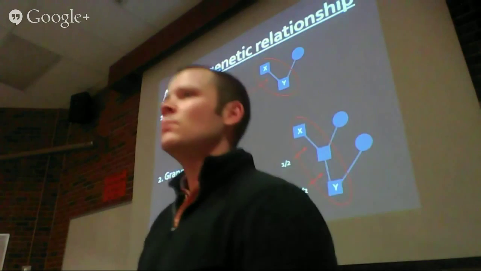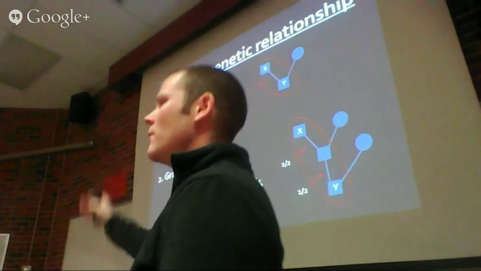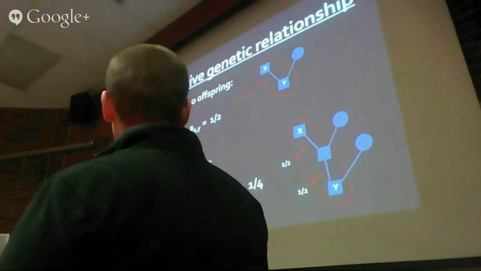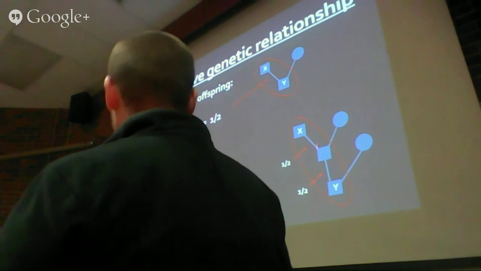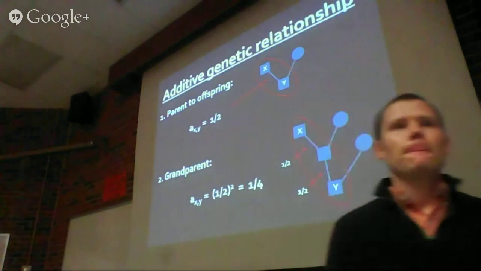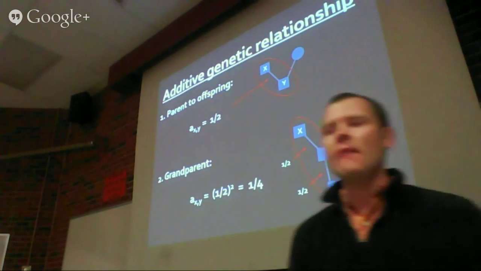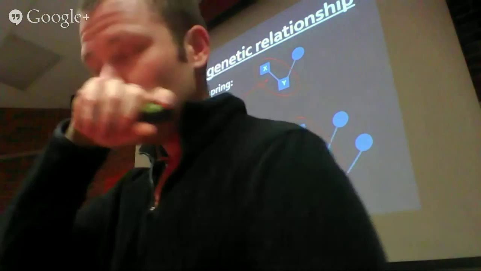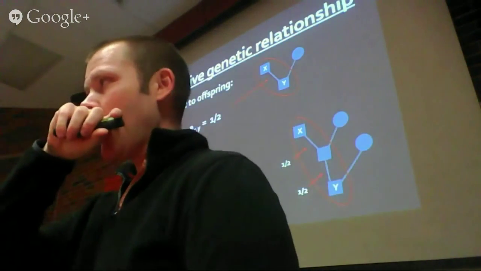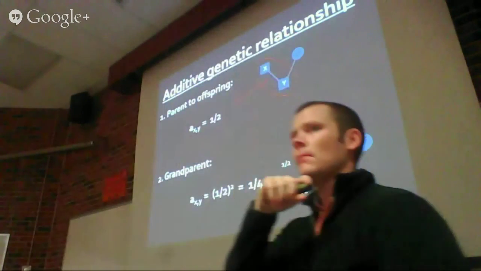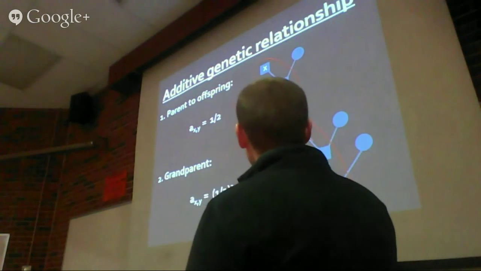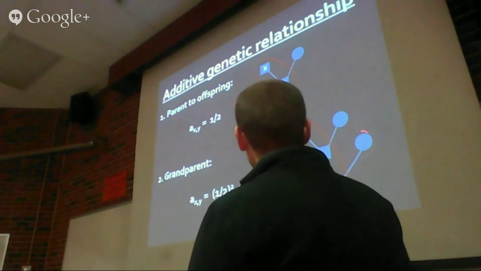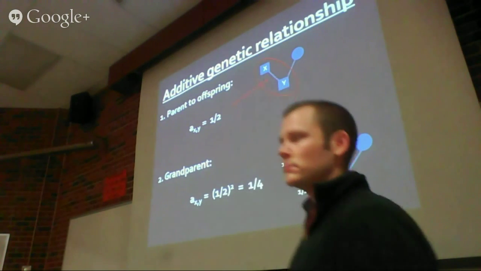Every generation we go further away, we take that and raise it to the exponent of the number of generations we have. It becomes 1/2 squared, so we get 1/4. It makes sense again, right? If you think about it logically, they share 1/2. We bring in another set of outside genes, so it drops to 1/2 again, and we get 1/4.